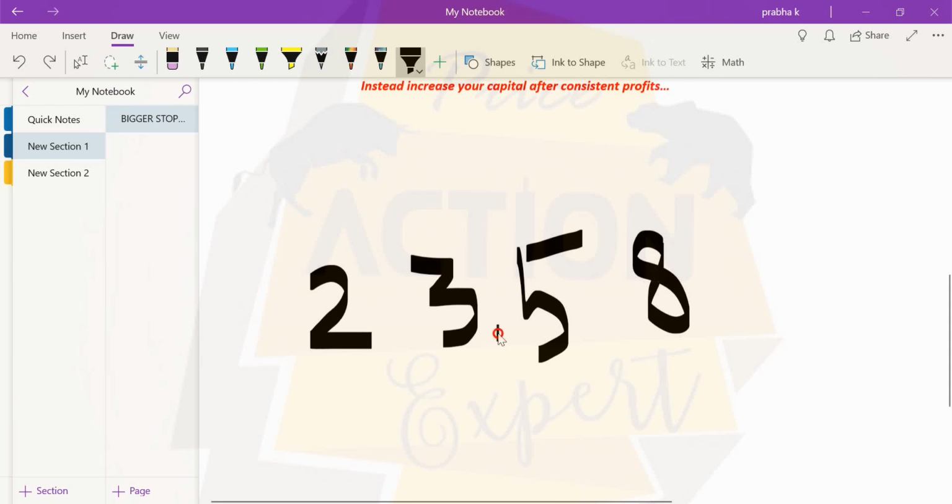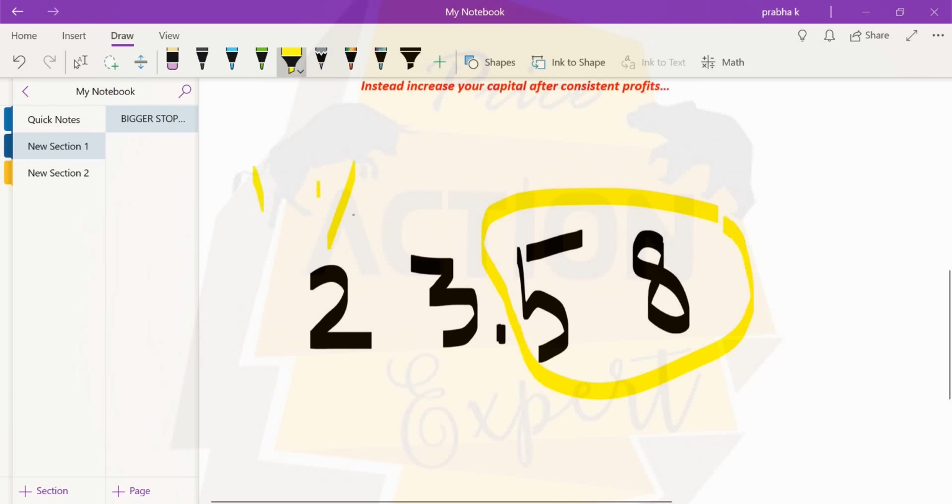If you place it after 2 digits, see here, after 2 digits, this would be 1% risk, 1% of the total amount. Okay, this is the easier way to calculate the percentage. So if you want to know the lot size, that's why we are using the calculator. I'll show you now.